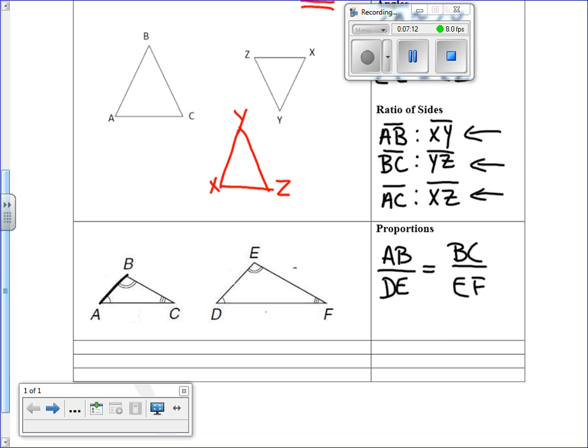So this is another way we can explain this ratio. What I want you to do based upon what we did is create another proportion showing how the sides are proportional. There are a couple other ratios you could create here using side AC and DF, and whichever side you choose.